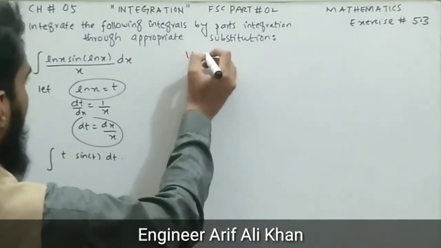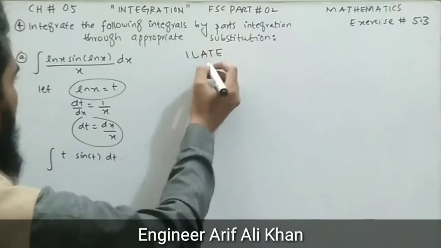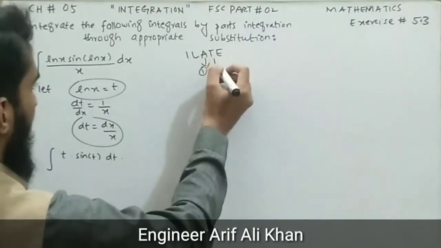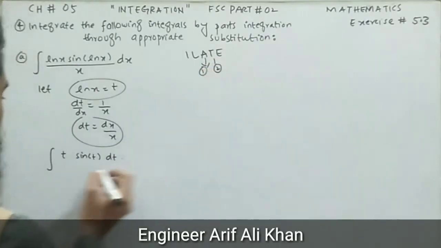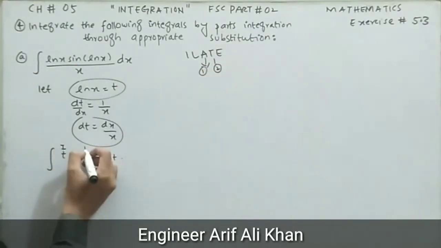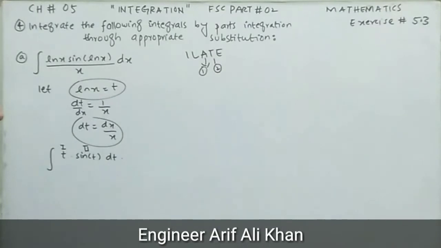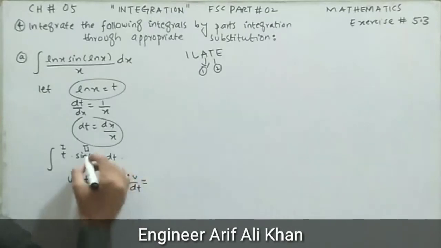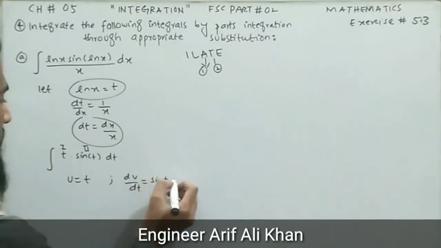So again using the ILATE rule, the algebraic function comes first and sine t is the trigonometric function which comes after it. So the first function will be t and the second function will be sine t. So over here we will use the formula that let's suppose u is equal to t and our dv by dt is actually equal to sine t.